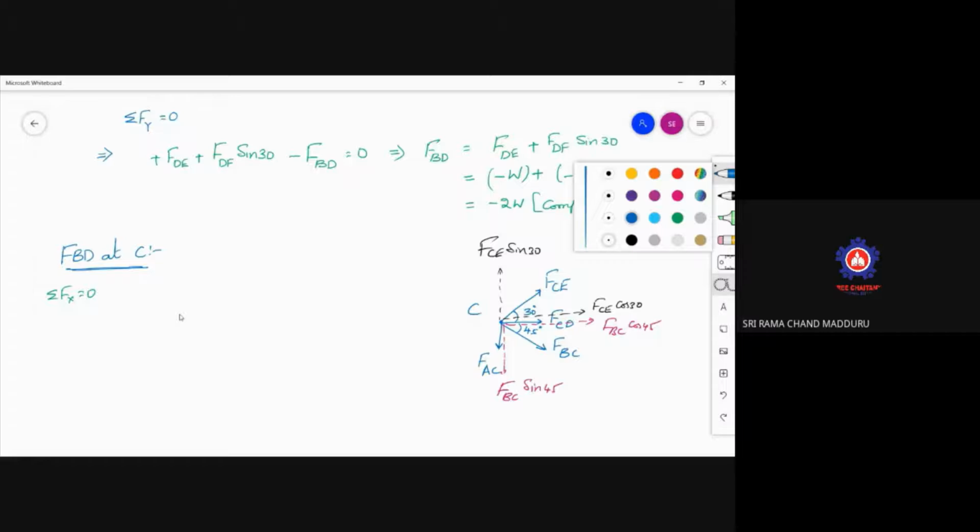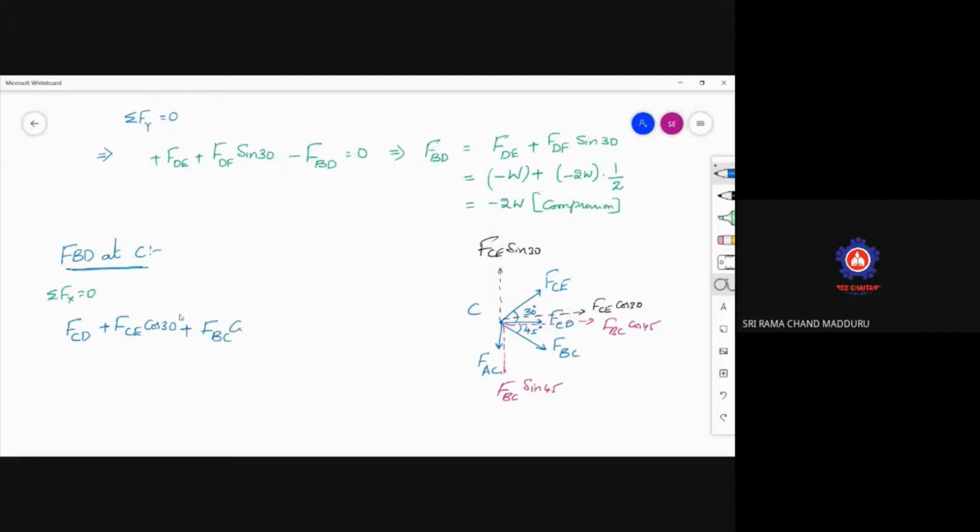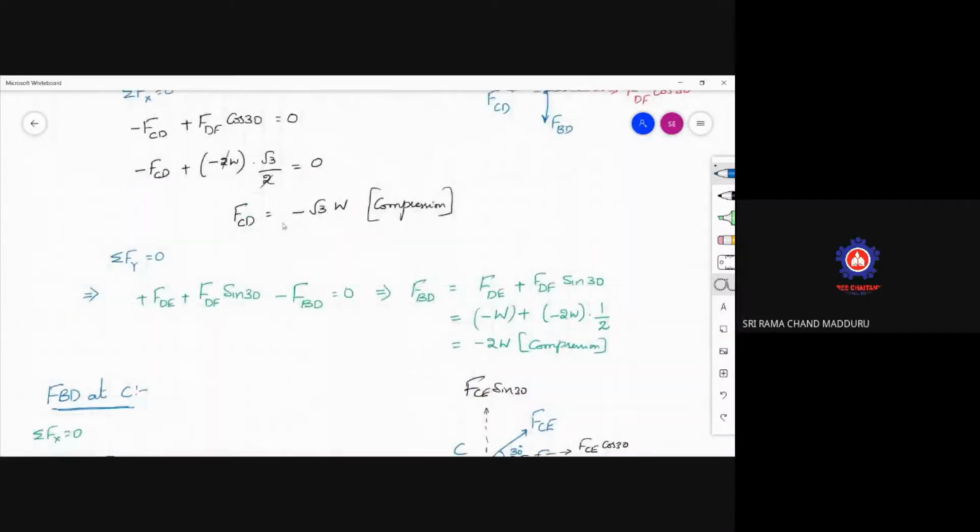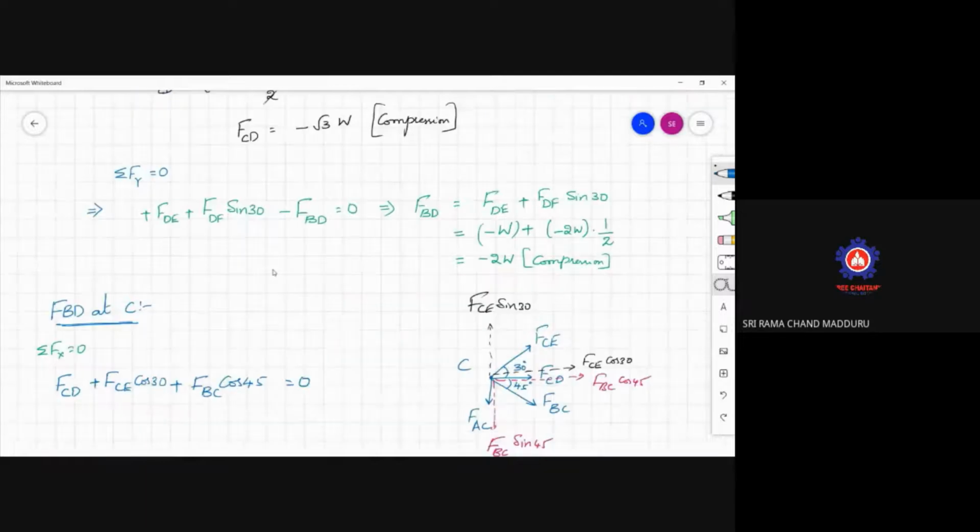I'll write down the equations. Sigma Fx is equal to 0. That means force in CD plus FCE cos 30 plus FBC cos 45 equal to 0. Force in CD is nothing but minus root 3 into W, plus FCE.